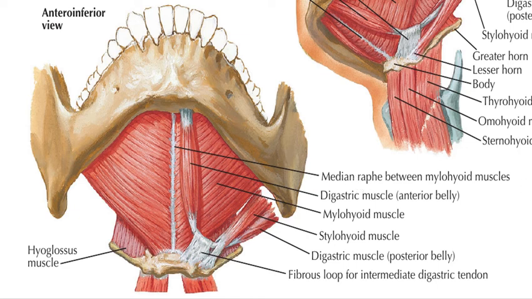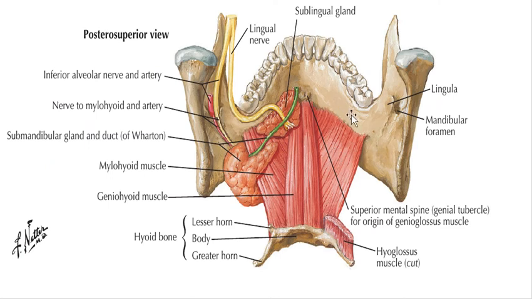which I'm going to show you, this is the internal aspect of the mandible. You have removed the tongue, and you are looking at the floor of the mouth from the oral aspect.